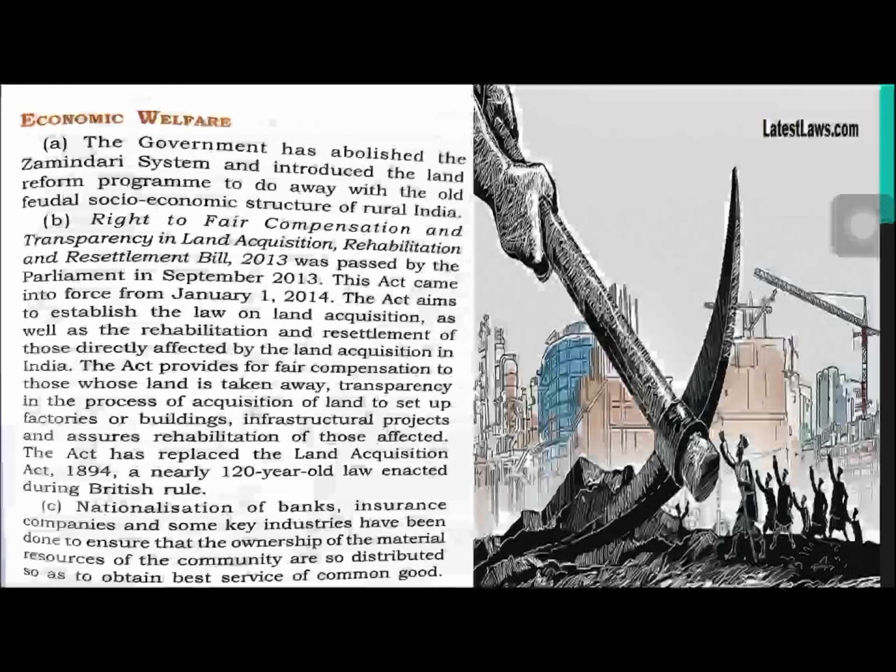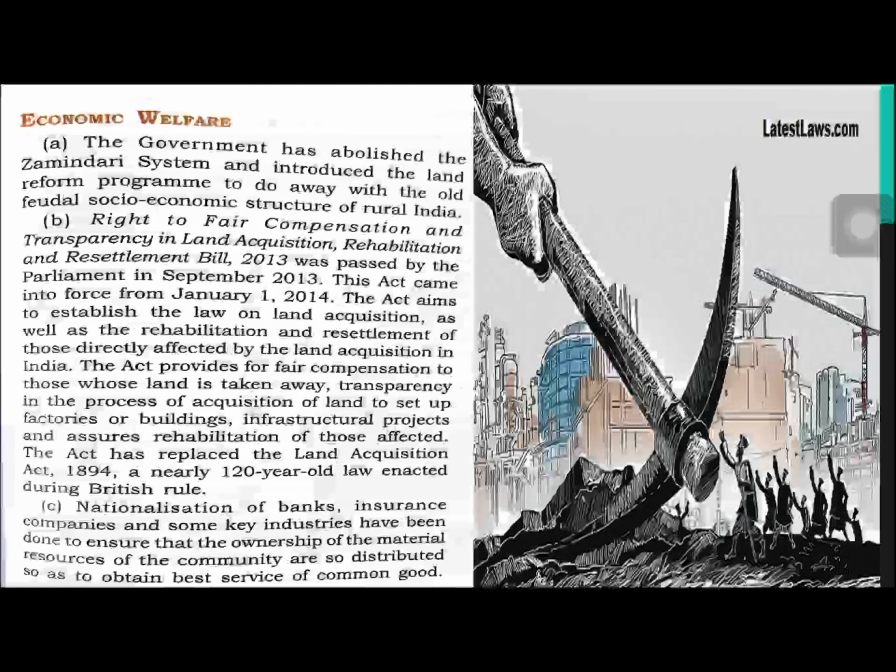Now let's understand what this act means. Basically, they are saying that a person should be given fair compensation if their land is being acquired, if their land is being taken. Either the government or any individual, if they take somebody else's land, then they have to give the person from whom it is taken some rehabilitation and resettlement.